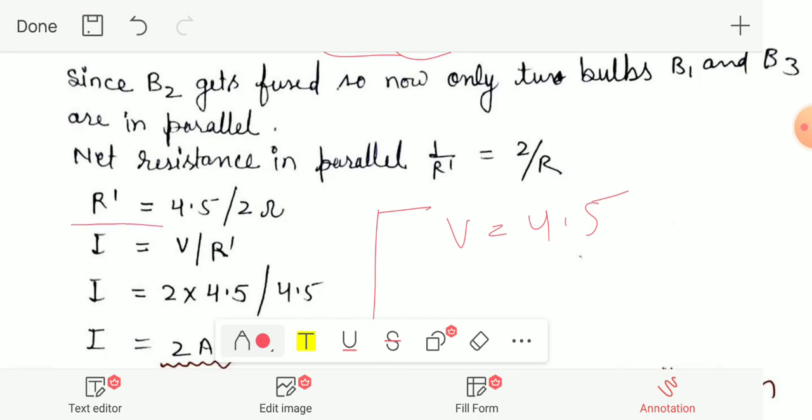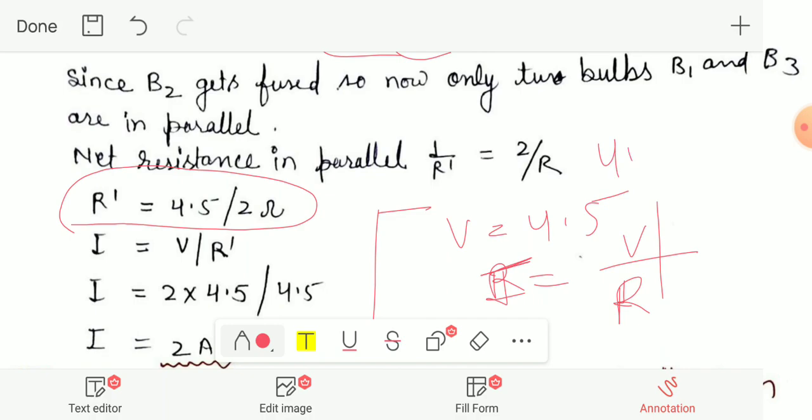So I will equal V upon R, so we put 4.5 upon 4.5 upon 2.